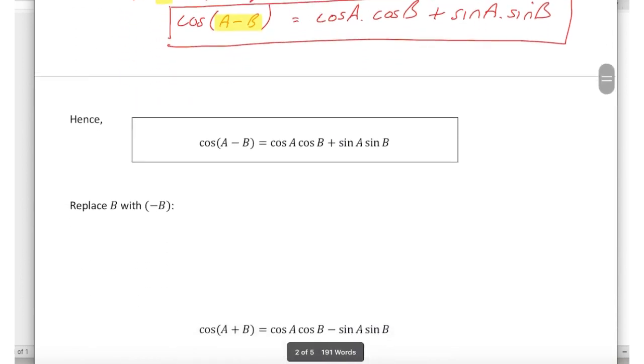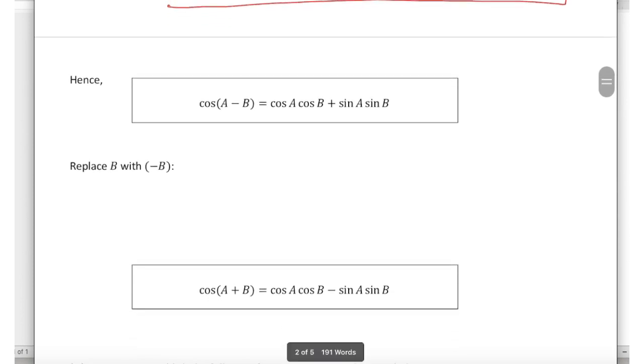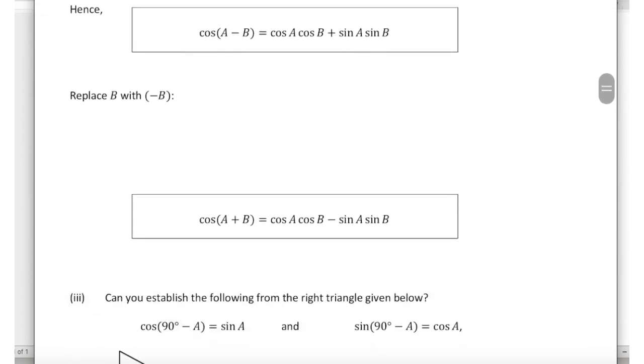So let's actually consider what would happen if we replaced the B with a negative angle B. So what we know from this is that if we consider, for example, the cos of B, so if we had an angle B, if we change this to the cos of negative B, it means that we're just going to have this angle down here.